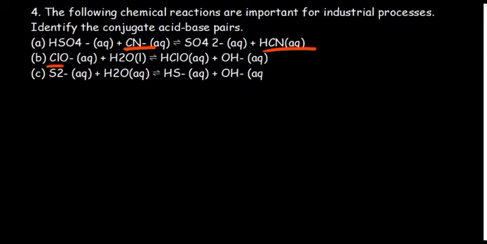It has gained a proton. On the other side, this is what we are calling the conjugate acid, because it has the ability of donating a proton to go back to the other side. Then in the last part of the question, which one is the base? That is our base and that is the conjugate acid. So we've identified the conjugate acid and base pairs.